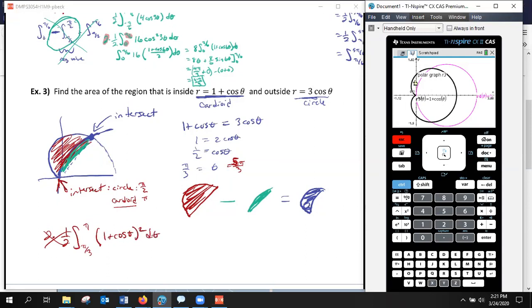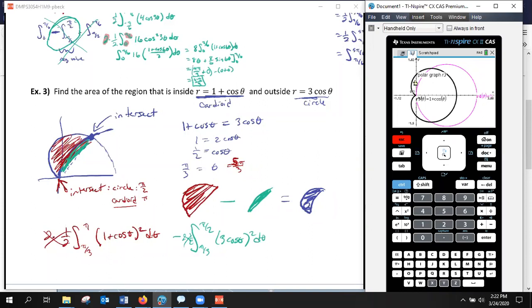And then I'm going to change colors. So then I'm going to subtract out. Once again, we're doubling, so it's 2 times 1/2, so I don't have to worry about it. And this is going to be the intersection, which is pi over 3, going to pi over 2, and then 3 cosine of theta squared d theta. And then that's going to give me my total area.